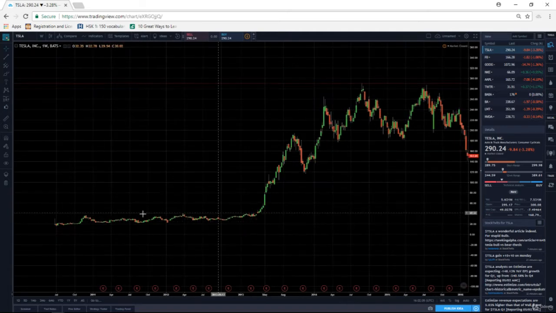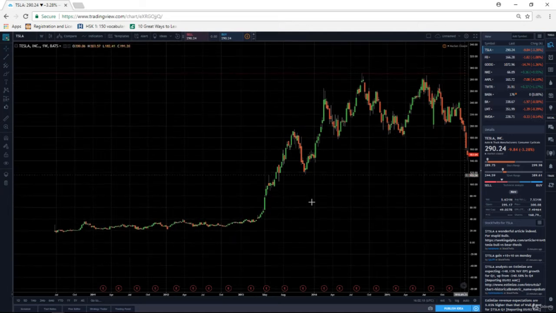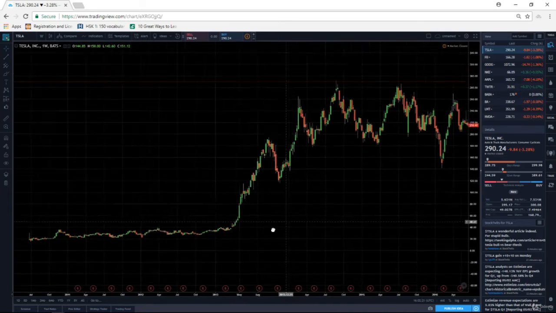The stock is in sideways movement, and since just about the middle of 2013, there is volume getting into Tesla stock, and people are buying into these stocks.